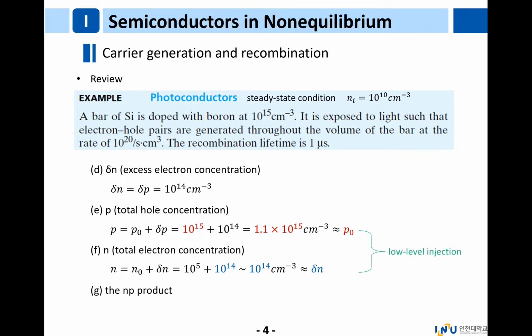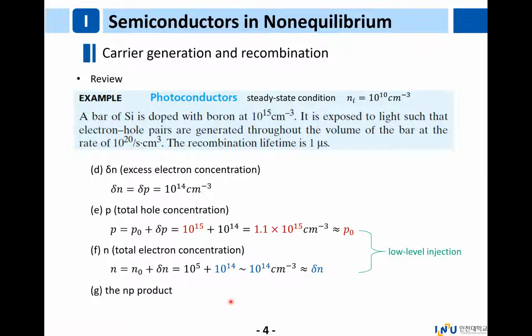So in a low-level injection, for majority carriers like holes, there is almost no change compared to the equilibrium concentration, while the concentration of minority carriers, electrons, experiences a significant increase due to the excess carriers.